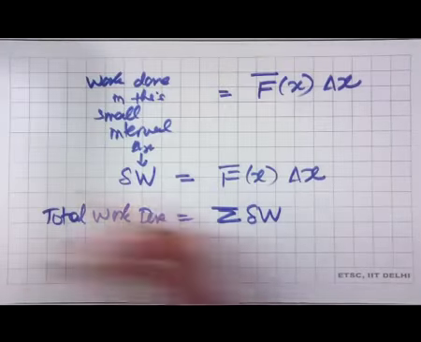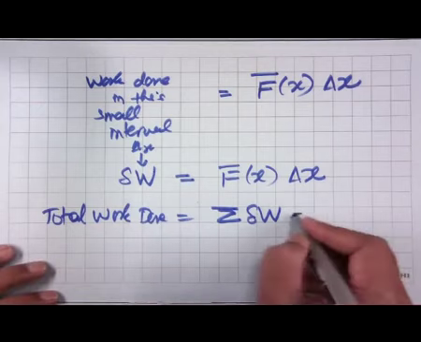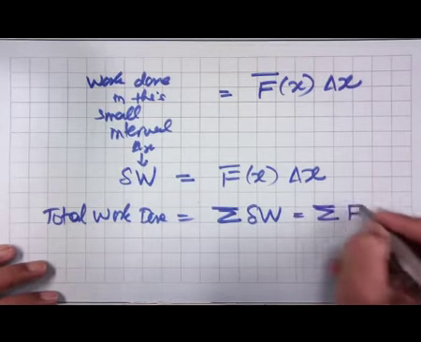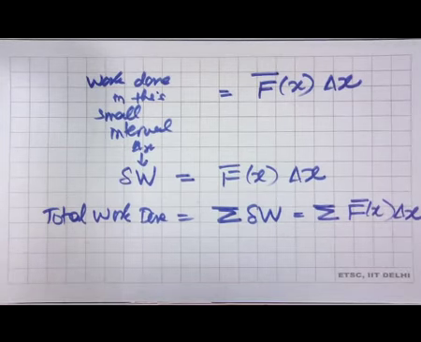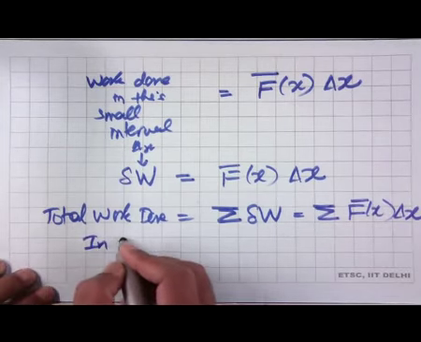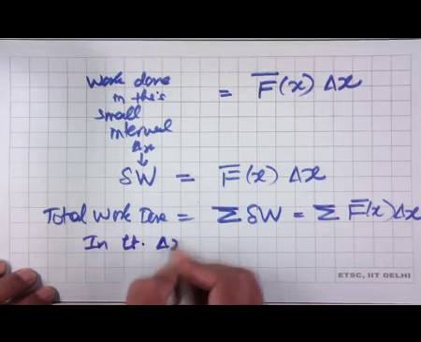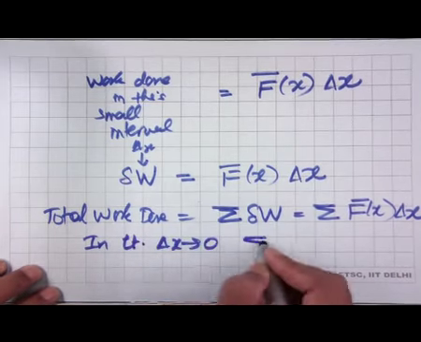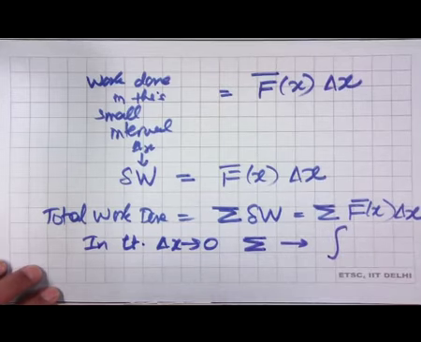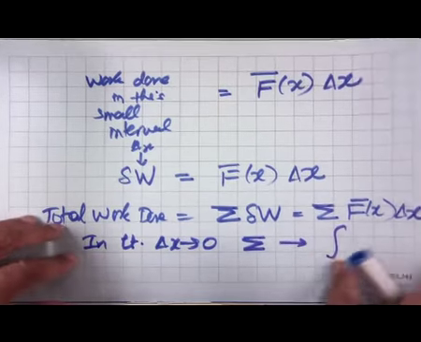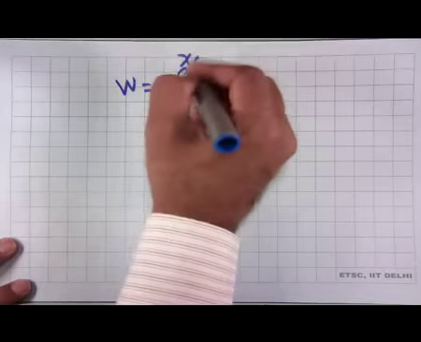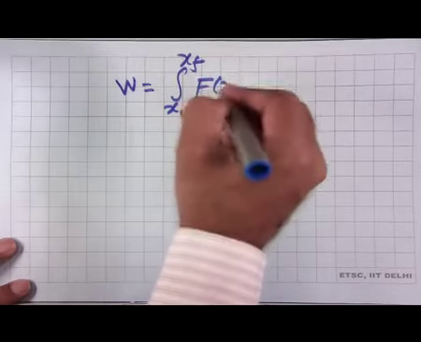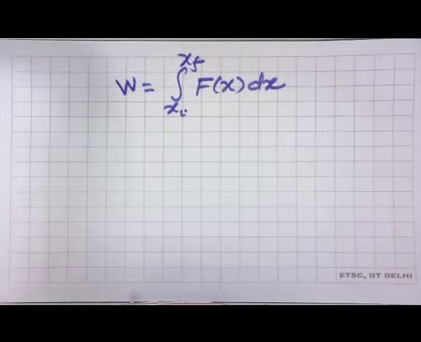So, the total work done is the sum of all these, which I can write as sigma over f bar of x delta x, summation over all these intervals, and in the limit delta x goes to 0, this summation becomes what we call the integral. So, therefore, the total work done is equal to the integral from xi to xf of f of x dx.